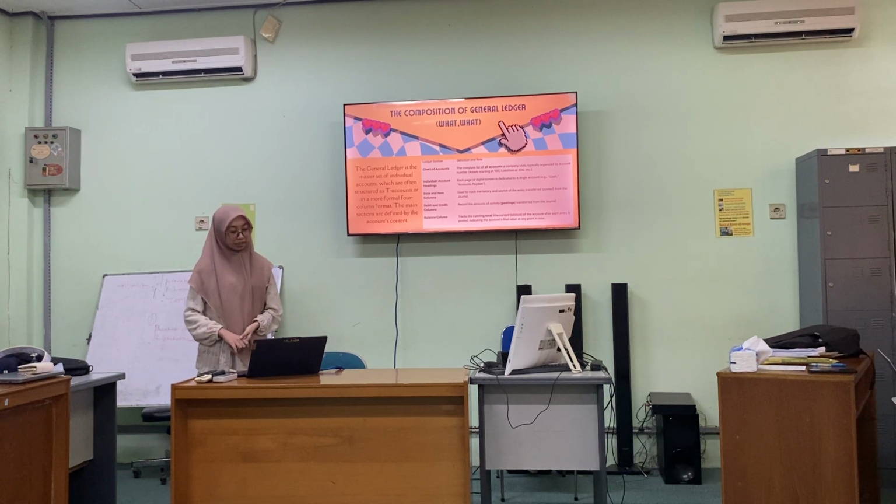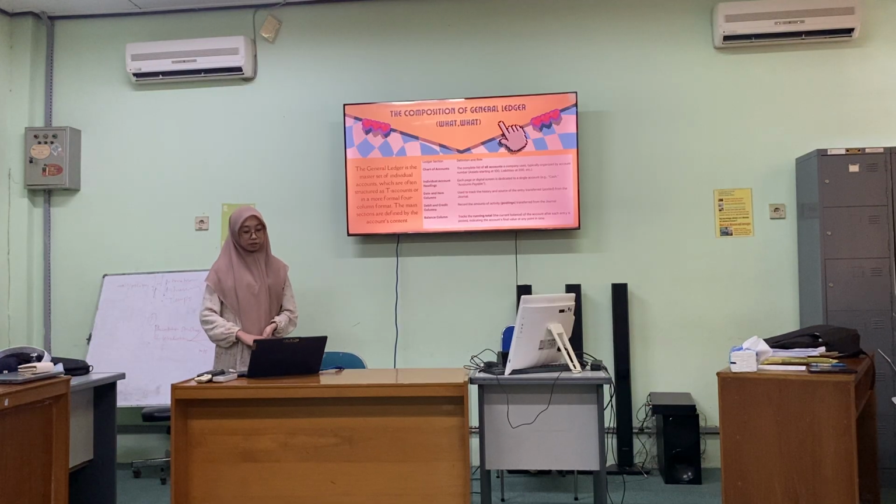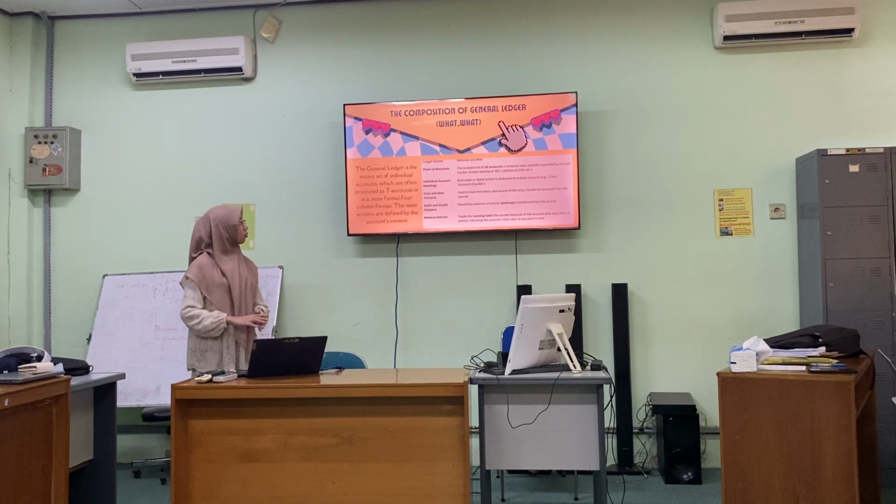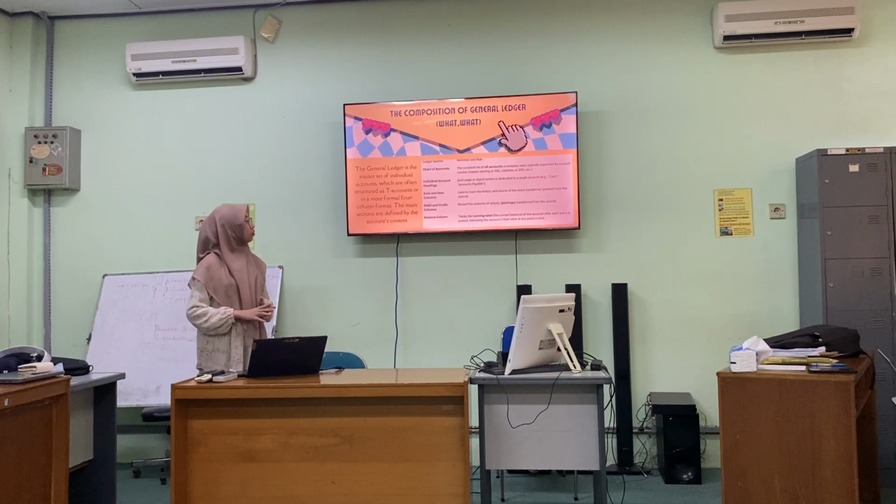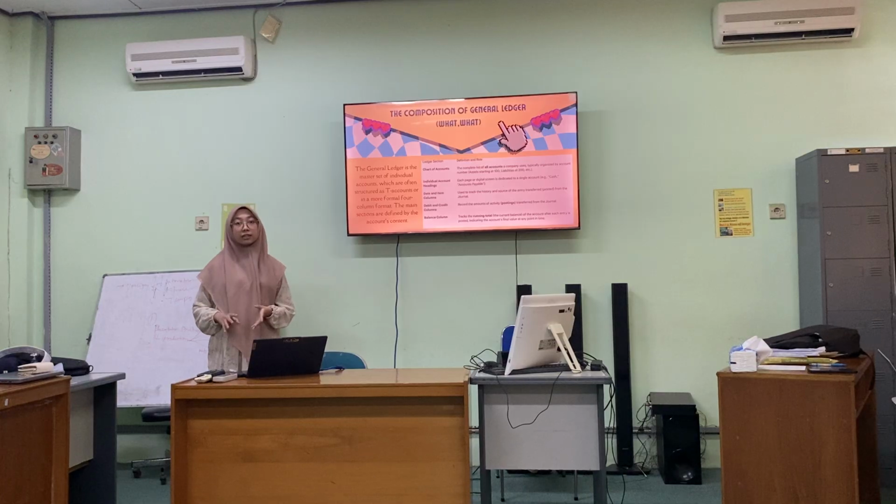And then debit and credit columns. It records the amounts of activity or posting transferred from the journal. And the last, balance column tracks the running total, the current balance of the account after each entry is posted, indicating the account's final value at any point in time.